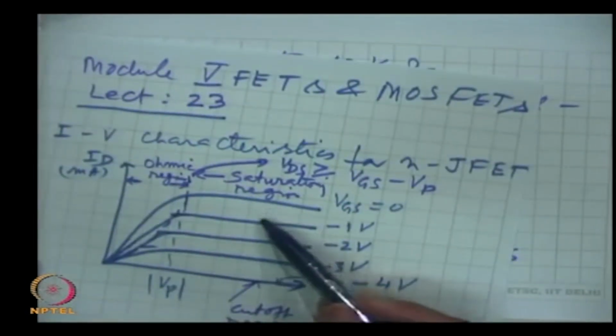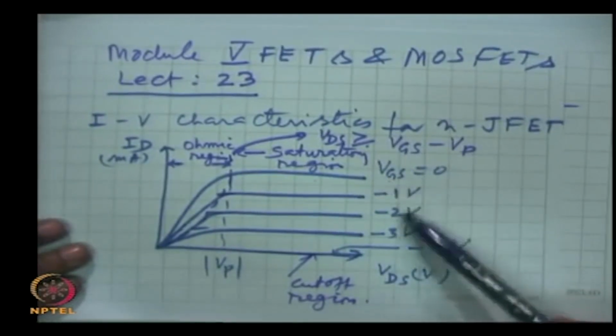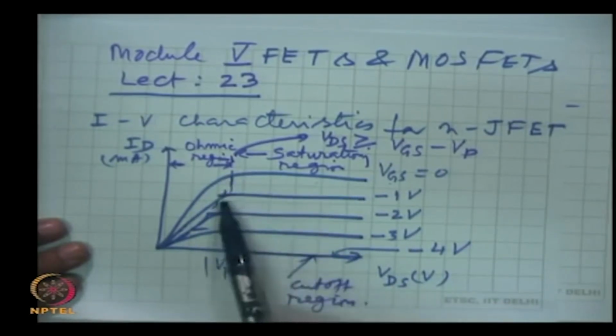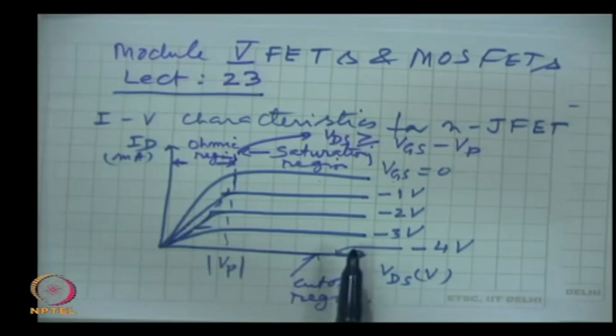Here the current varies as we change the gate source voltage. It is constant with respect to change in VDS. These are almost horizontal lines. The drain current is not changing when we vary VDS in this constant current region, and that is why it is called a constant current region.